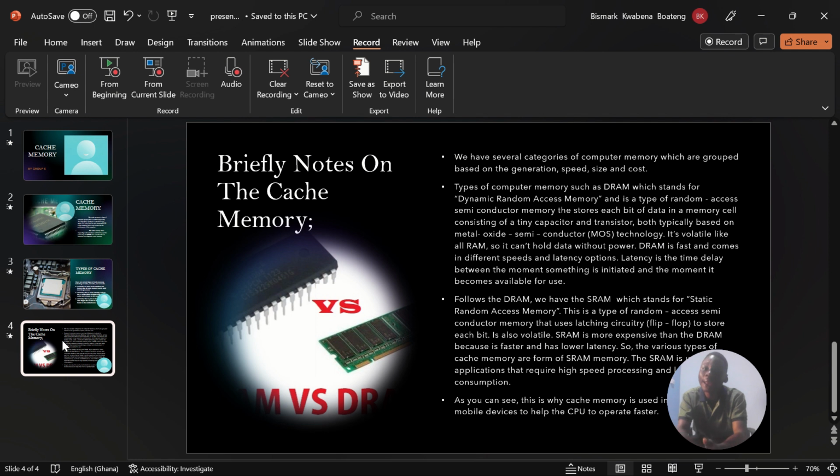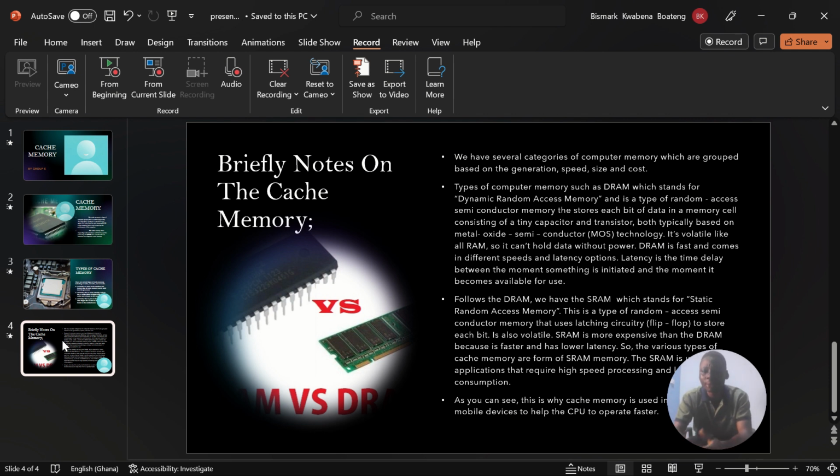Latency is the time delay between the moment something is initiated and the moment it becomes available for use. Hope you understand. So the moment you initiate something on the memory and the moment it becomes available for use, that is what is termed latency.